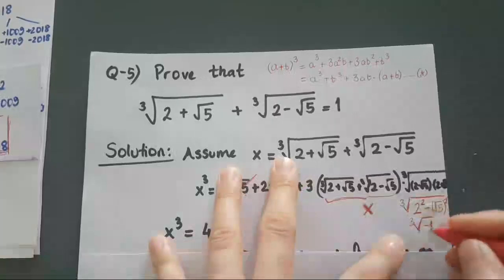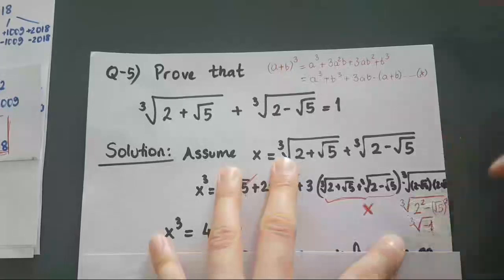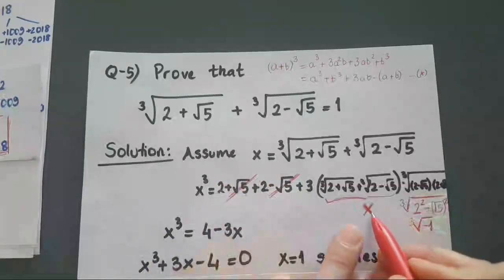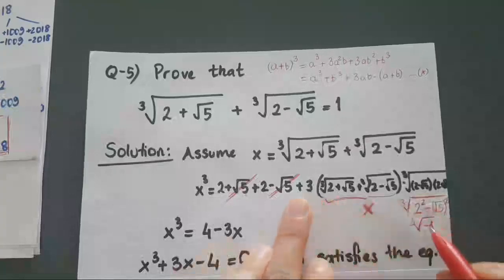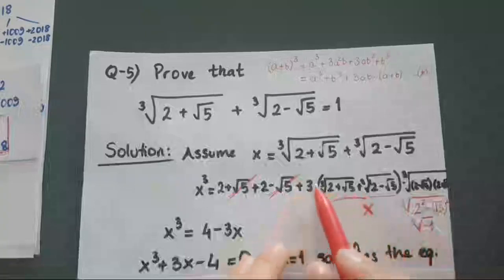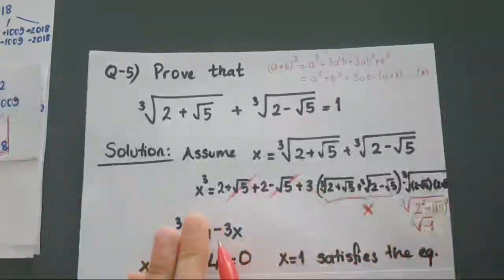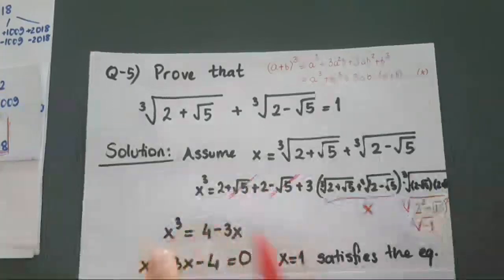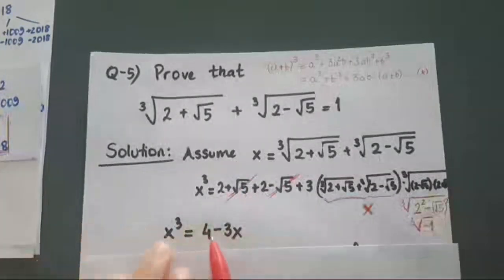Yes, it is. And cube root of minus 1 times x times 3. We know that cube of minus 1 is minus 1. So minus 1 times x times 3 will be minus 3x. And from 2 and 2 we got 4. So x cube is equal to 4 minus 3x.